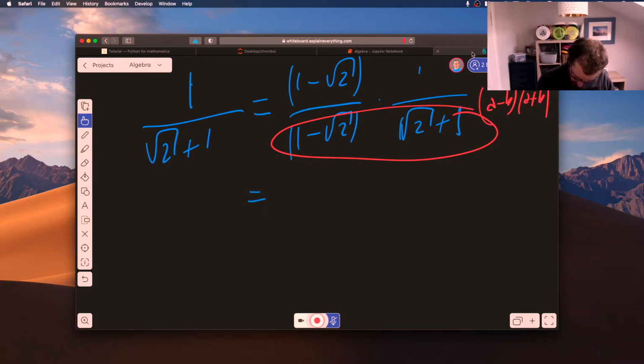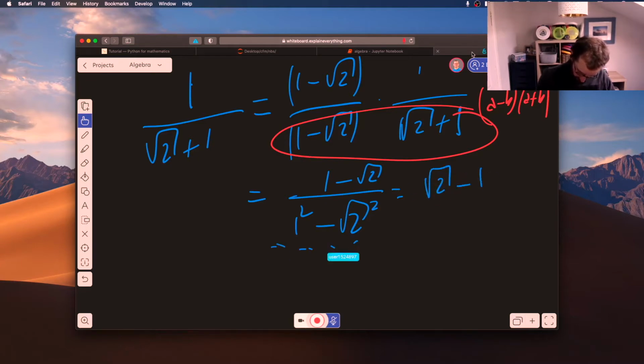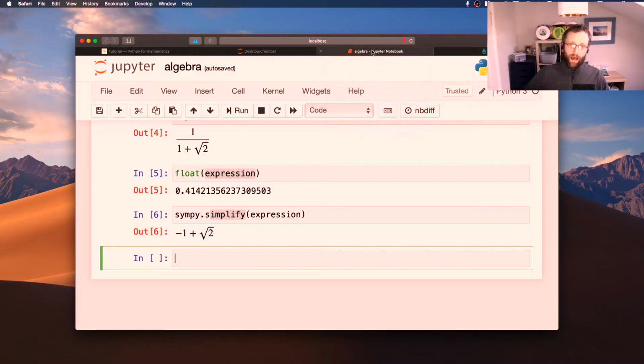And so what we have is 1 over a squared minus b squared. So 1 squared minus 2. Sorry, this should be 1 minus root 2. It's root 2 squared, which is just root 2 minus 1, because this here is minus 1. So that's all that's happening here, and SymPy is just directly jumping to that for us.